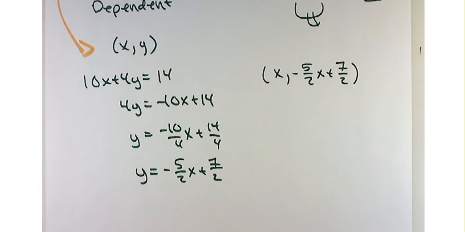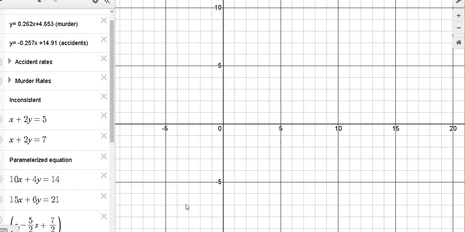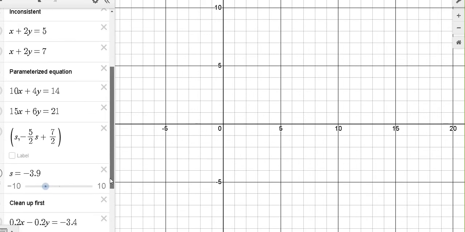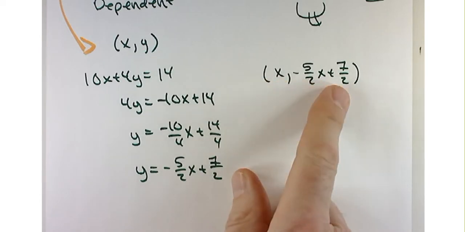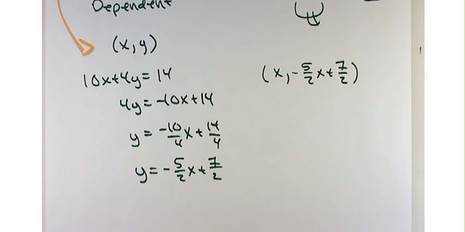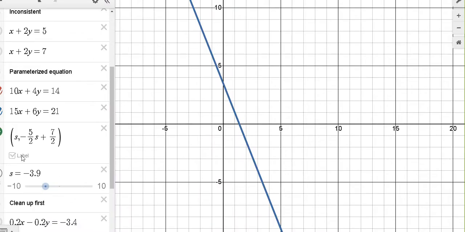Okay, let me give you some visuals to back that up. Coming down here, there's my first equation, and here's my second equation. Notice that one is right on top of the other. The red equation and the blue equation land on top of each other. If I look at pairs of points in the form that I outlined below, I used an S as opposed to an X just because of the way Desmos works, but it's the same thing.